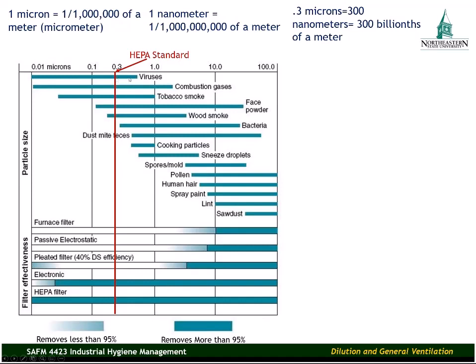So there's even 5% of contaminants larger than 0.3 microns that aren't being captured by an N95 respirator. Then there's a lot of viruses that are too small to be captured by that level of respiratory protection.